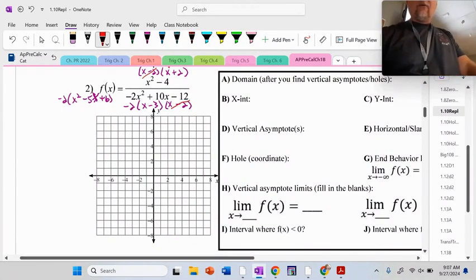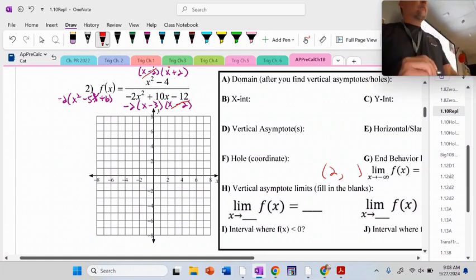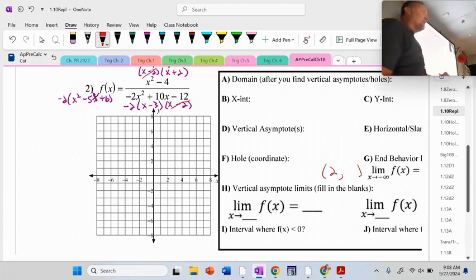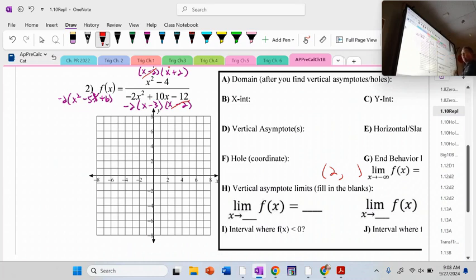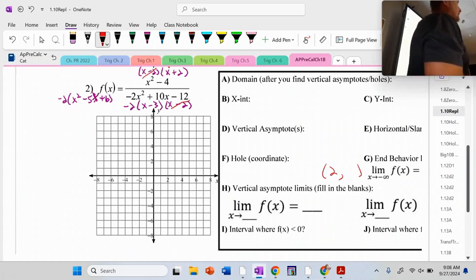The hole is located at that naughty value for x, which is 2 comma. That means x minus 2 on the top does not make an x-intercept, and x minus 2 on the bottom does not make a vertical asymptote. It's a hole. So we got to make that understood as well.